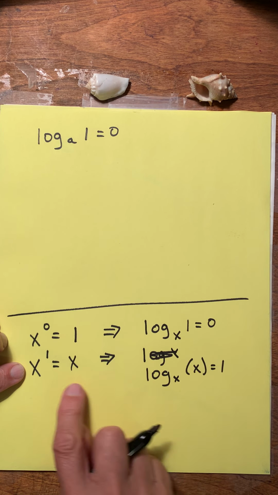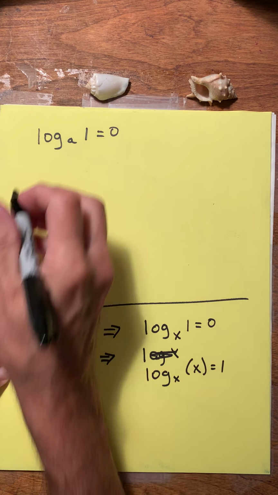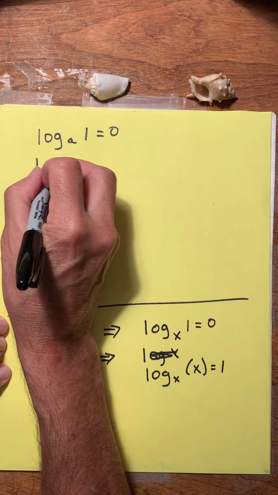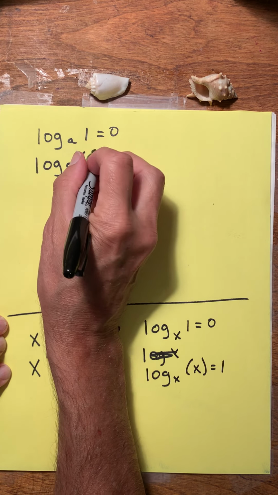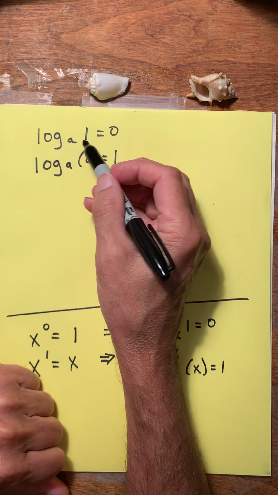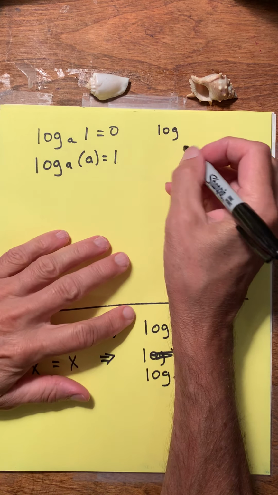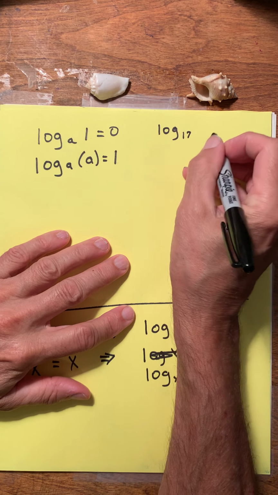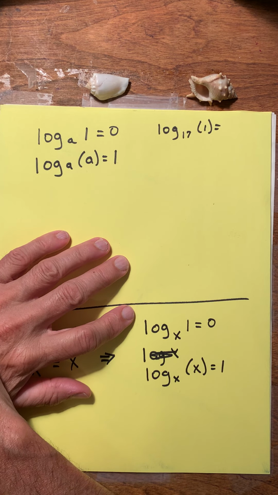So what I can write in general is log base a of a is going to be 1. So if I have, for instance, log base 17 of 1, what's that going to give me?